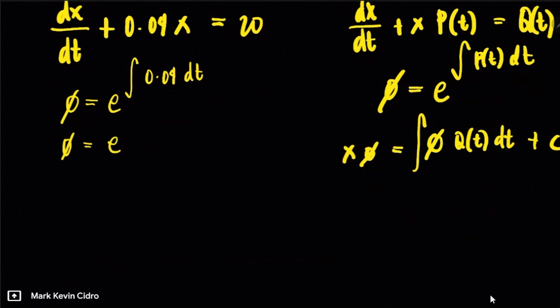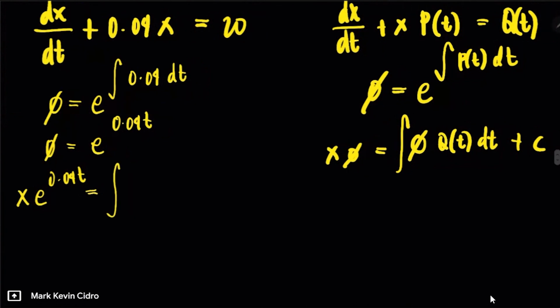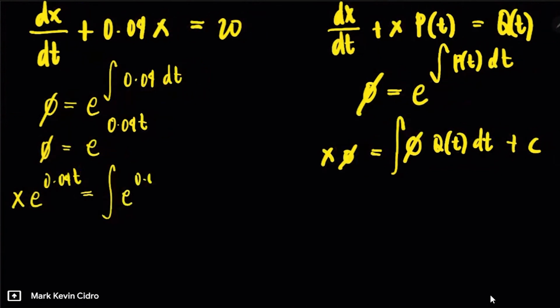So your phi therefore is equal to e raised to, 0.04 is constant, the integral of dt is t, so this will be 0.04t. So this is your phi. So our solution is x times phi, which is e raised to 0.04t, equal to the integral of e raised to 0.04t times q of t, which is 20, dt plus c.